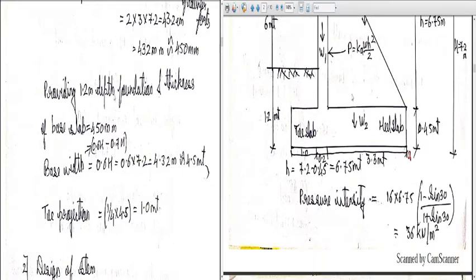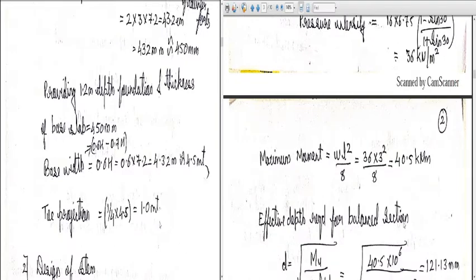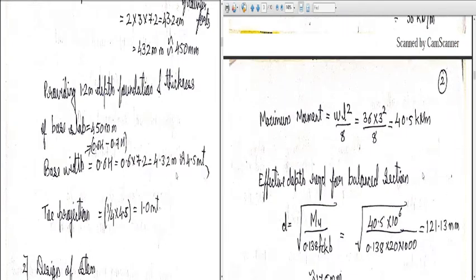Then we computed the pressure intensity here, Ka W H square divided by 2. Initially we wanted the pressure, and it worked out to be 36 kilonewton per meter square. We computed the moment, considering it as a uniformly distributed load, so WL square by 8, where L is the spacing of the counterfort, and it works out to be 40.5 kilonewton meter.